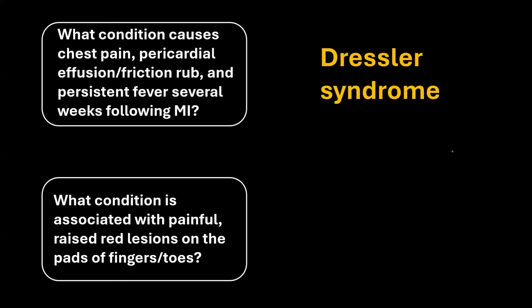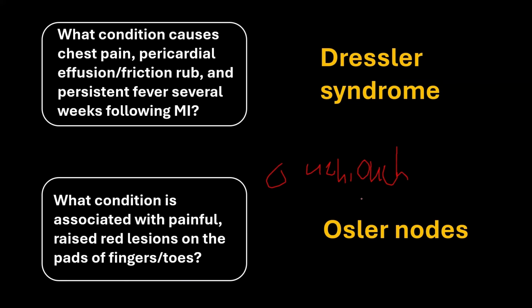All right. What conditions associated with painful raised red lesions on the pads of the fingers and toes? Yep, it's infectious endocarditis. What are the lesions called? Yep, Osler nodes. So you want to remember, I don't know if any of you watched Pathoma, but it's ouch, ouch, Osler.